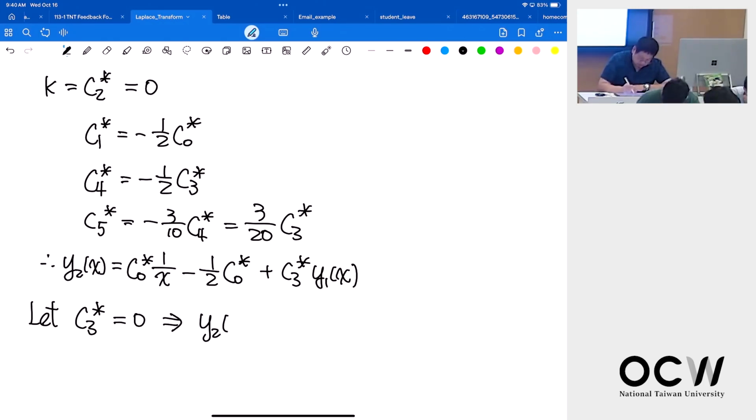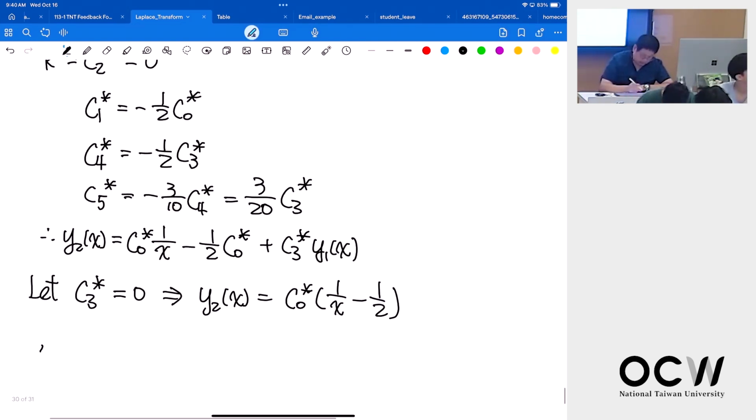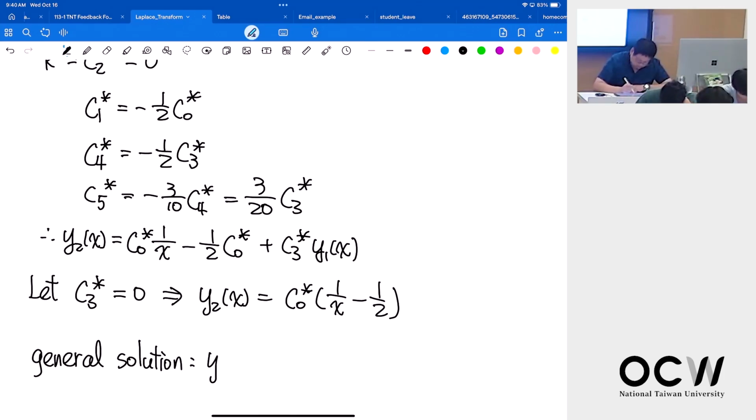So the C2 will be C0 star (1/x − 1/2). Then finally, the general solution Y(x) will be C1 Y1 plus C2 Y2.